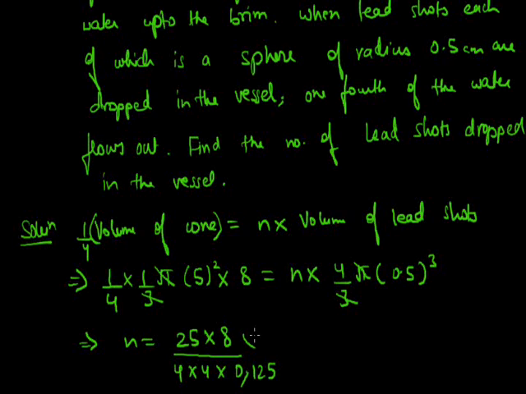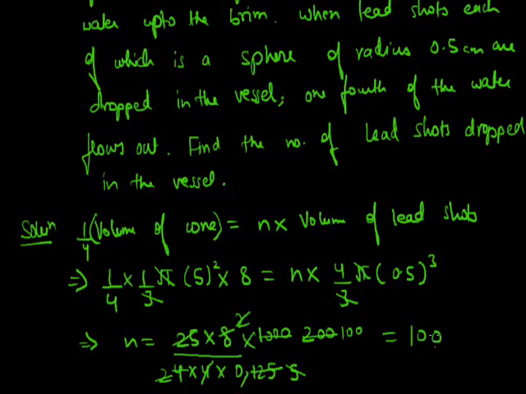We remove the decimal part, and we get 1000 in the numerator. So we cancel 25 with 5s in 125, then 5 cancels with this 1000, so we'll get 200 here. 4 2s are 8, then 2 2s are 4, and this 2 will cancel out 200, so we'll get 100. So the value of n that we get is 100.